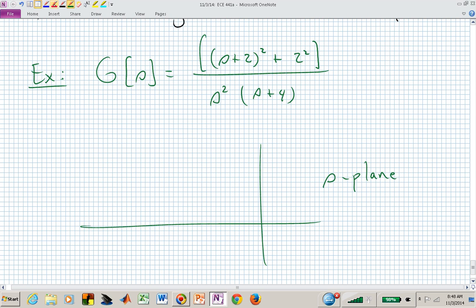And somebody just wants to know, what is the root locus of this going to look like? Where are my poles and zeros?